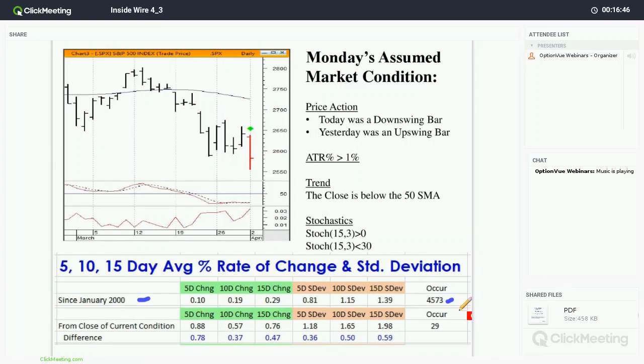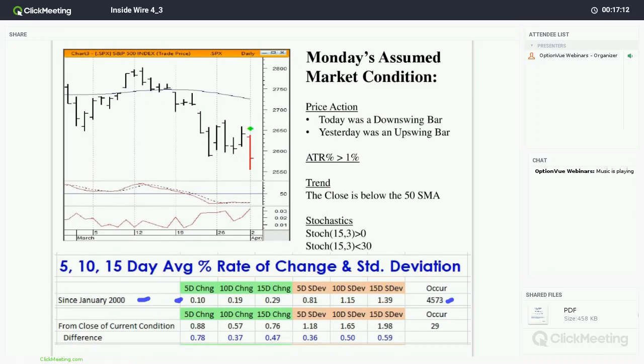Obviously we've had a big bullish run since Jan of 2000, all in all. On average, the market changes 0.1% to the upside every 5 days. That's a 5-day rate of change from a given close to 5 days in the future. On average, you're looking at 0.1% to the upside, bullish.